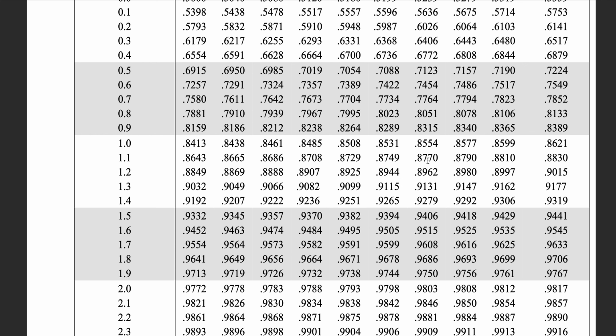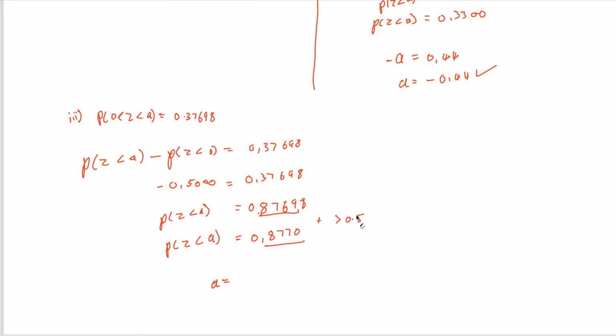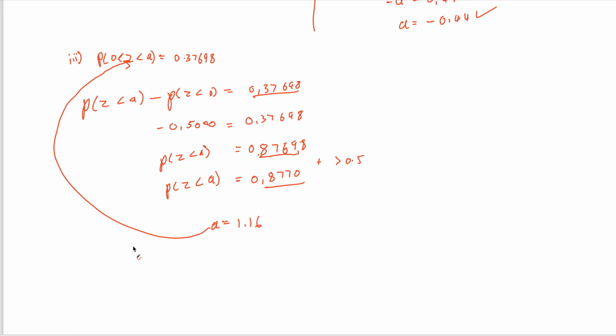So 8770 is 1.16. So that's your final answer, which is 1.16. So you can input it to that value where A is, and then it will still give you the same answer, as it will be equal to that answer. So now you have finally solved your question, so we can just leave it here. That's what you're looking for in this question.